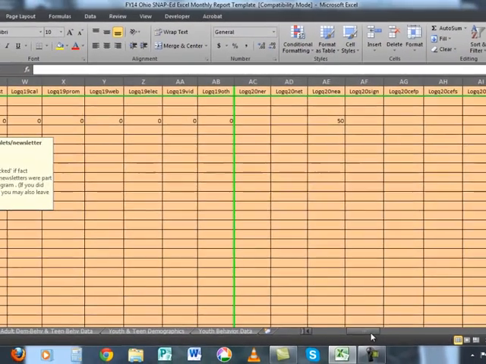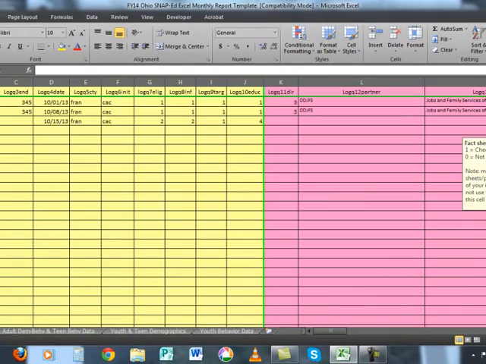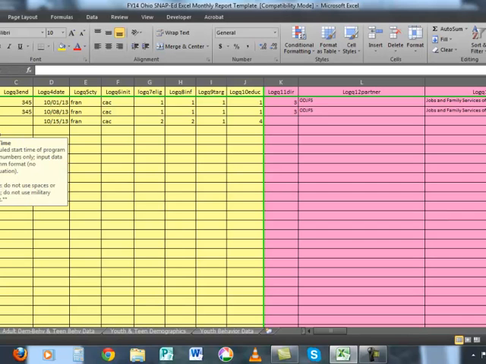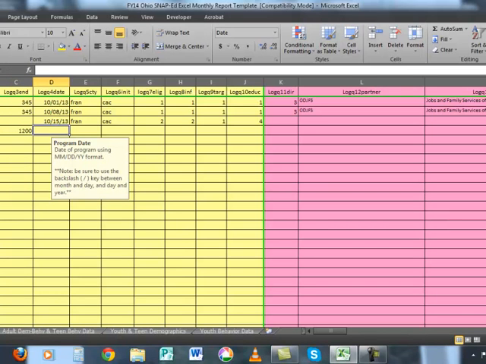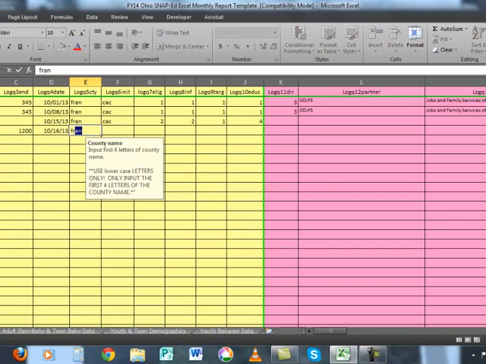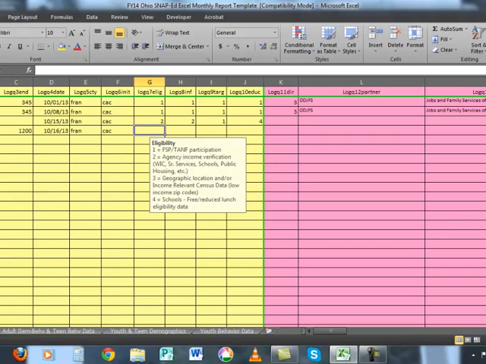Now let's say the same program assistant did a community event. They set up a booth at a fair. So they had 2 people assist them, and maybe this time she'll fill in that she was there from 9 o'clock to 12 o'clock. And this one was on 10/16, and this was a community fair at, say, a community center.